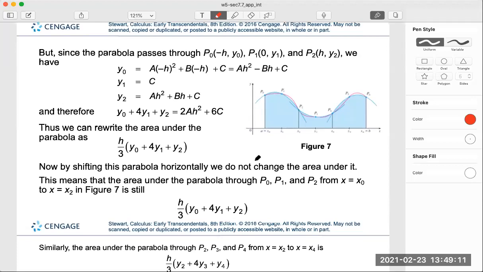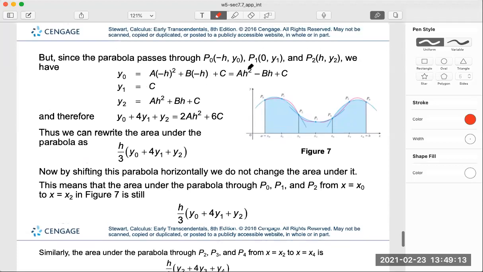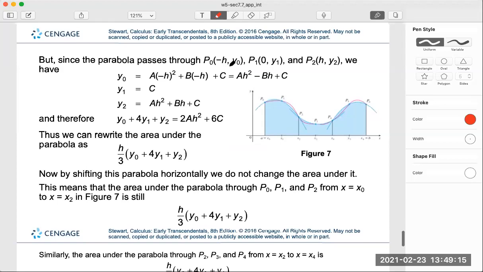So, the points P0, P1, and P2 satisfy the given curve. Therefore, we have this relation.